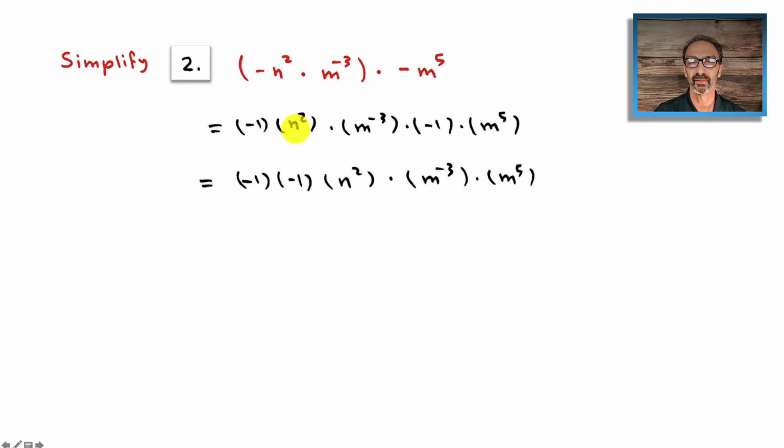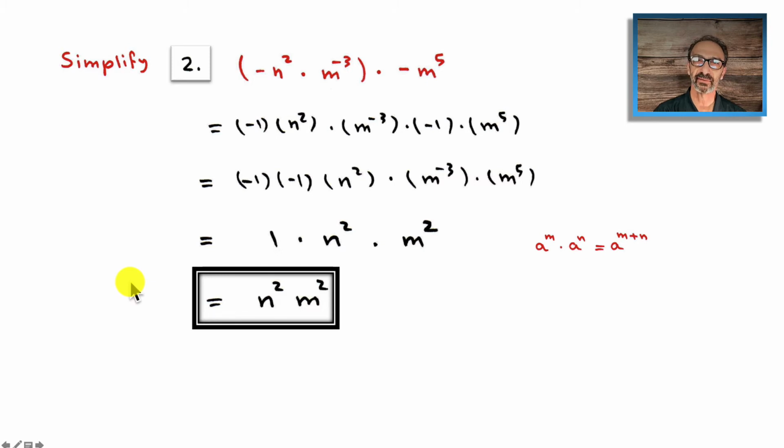I have one term with n, and I have two terms with m, so I have the m's next to each other. We're going to add the exponents right here, as we know. -3 plus 5 would be 2. That's a 1. N to the second, m to the second. Clearly without the 1, we don't need to write the 1. N to the second, m to the second.